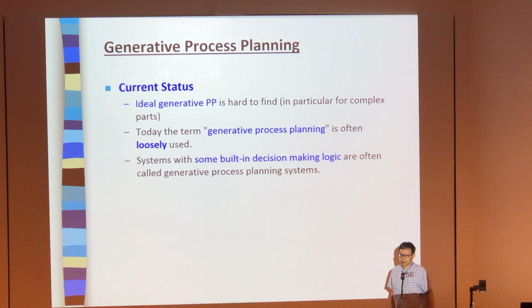for a generative process planning system with 3 building blocks, there are challenges, and you need a lot of effort. The first one is the feature recognition. Okay. You could borrow from somewhere, but you need to be very much aware where the problem is. Machine database, that one you have to work on yourself.